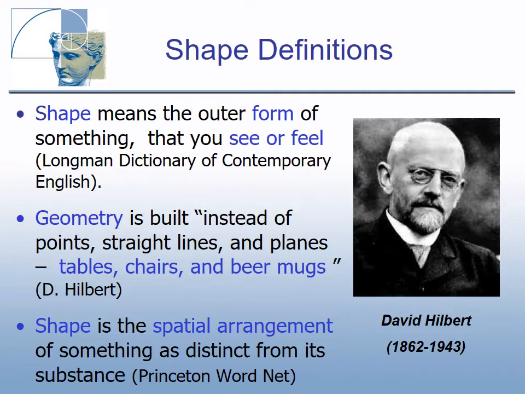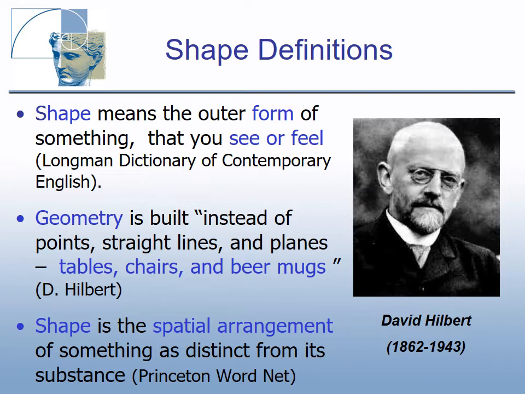But at the beginning, let us discuss different points of view on the very notion of shape. The Longman Dictionary of Contemporary English defines shape as the outer form of something that you see or feel. This definition stresses that shape is given to us through certain human senses such as vision and the feel of touch, tactile feelings.